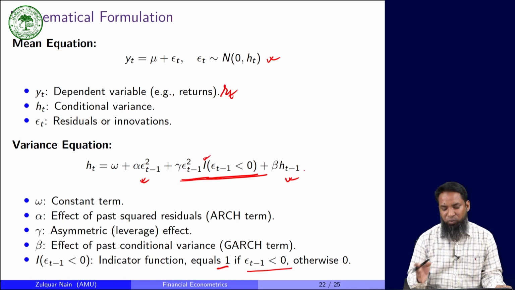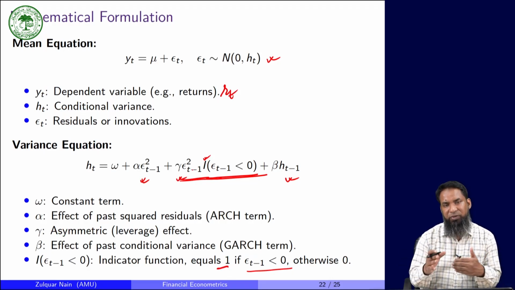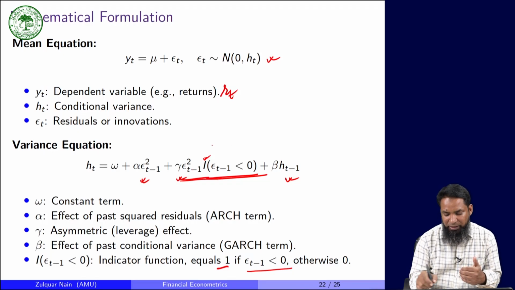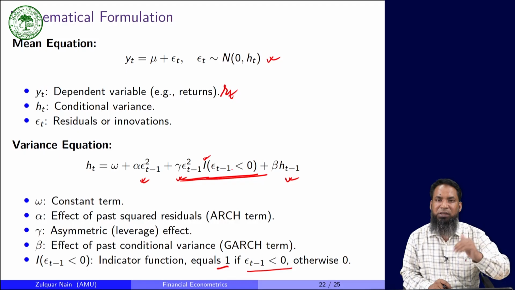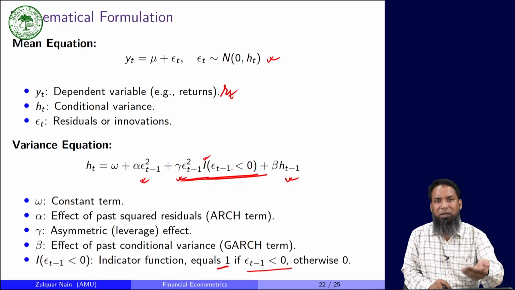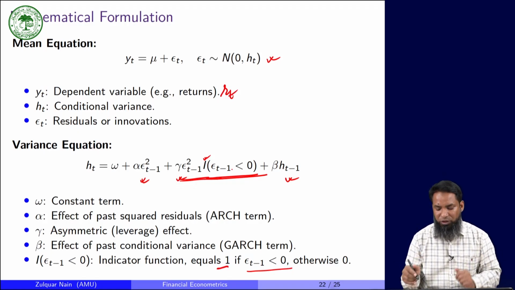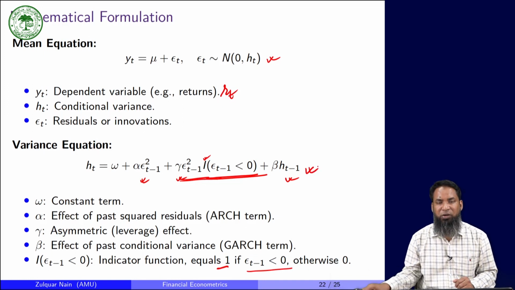However, when it is less than 0, we have this particular term in addition to the normal effect. So if there is a negative change or negative fluctuation, we have an additional term reflecting that the volatility will be higher, that is, asymmetric. The positive change and the negative change have different effects on the volatility. That particular phenomenon we are able to capture using the formulation of the GJR-GARCH model.